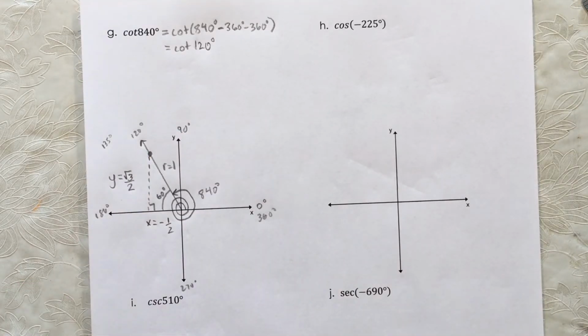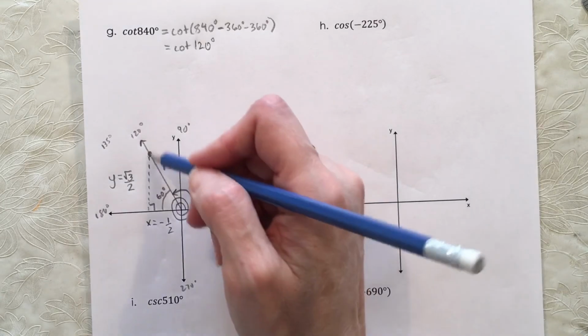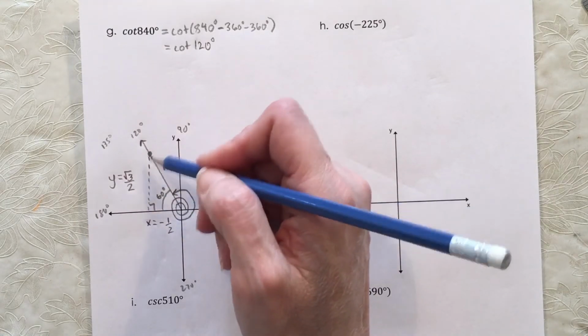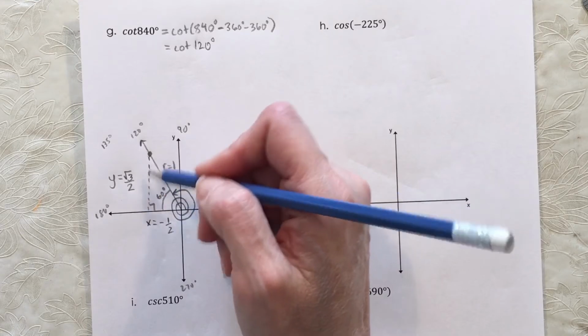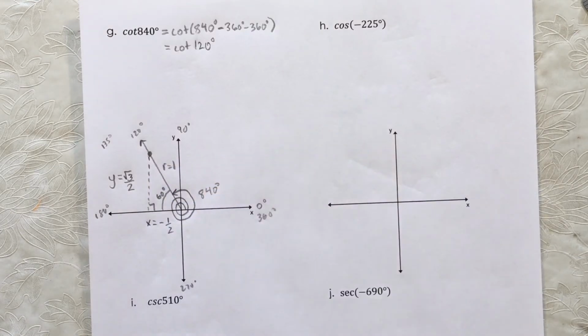And with 60 and 30, I always like to think of root 3 over 2 as the longer side, because root 3 over 2 is approximately 0.866, and a half is 0.5. So the longer side is the root 3 over 2. It's a bigger number. Okay, so now we've drawn our picture accurately.